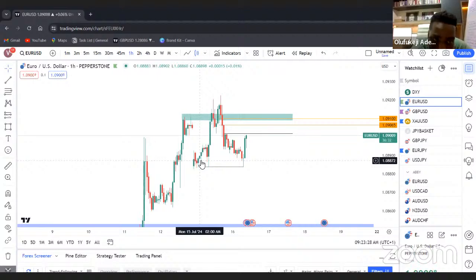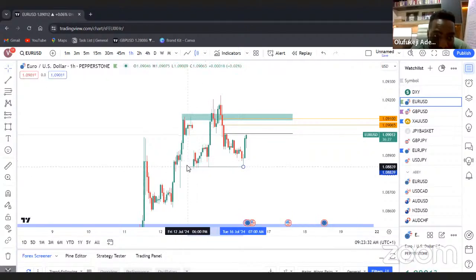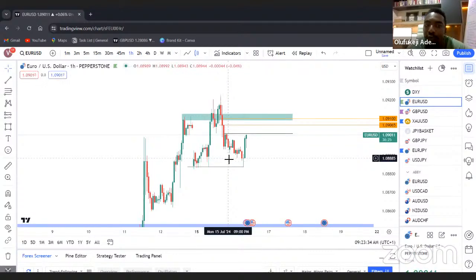If you extend it, that's a quadruple bottom, 4 bottoms right there. So it taps into that, grabs that liquidity, then comes straight down. And it has also formed a fair value gap if you want to use the IFVG concept. There's an IFVG there if you look at it on the 15 minutes.